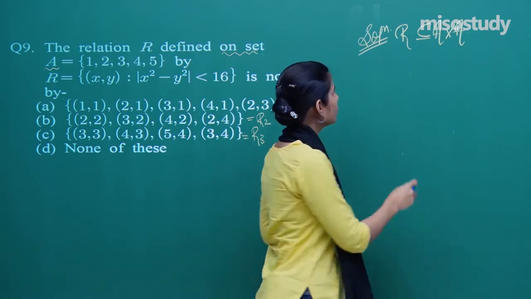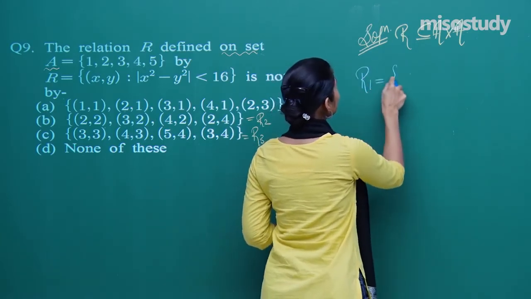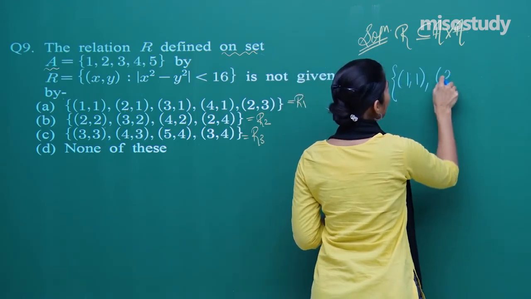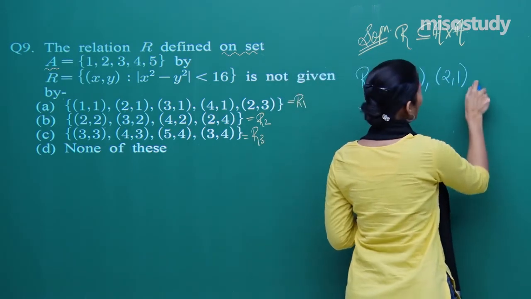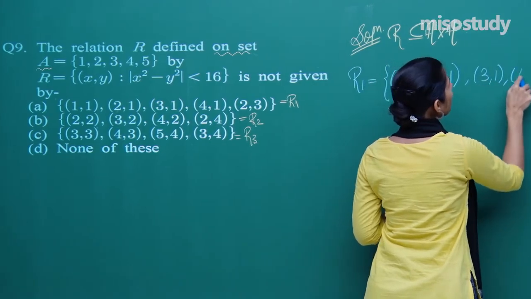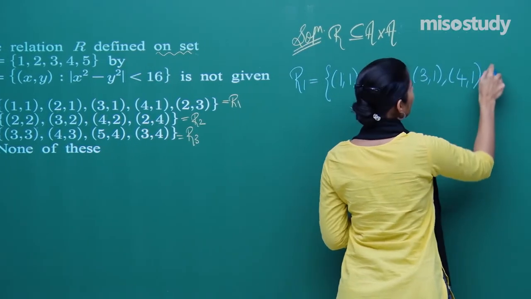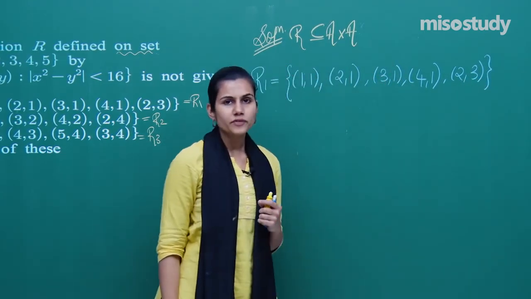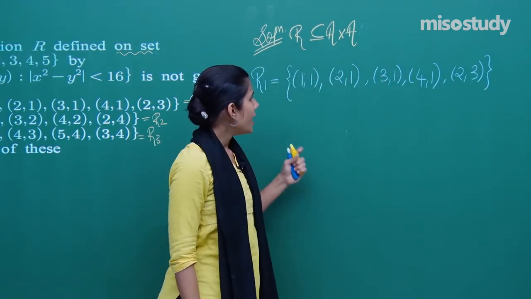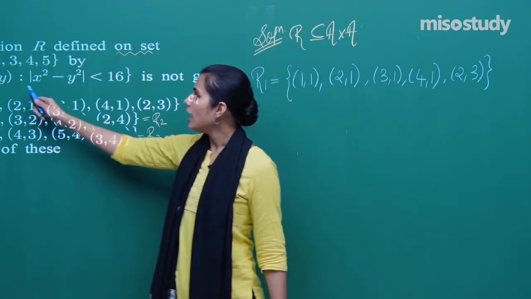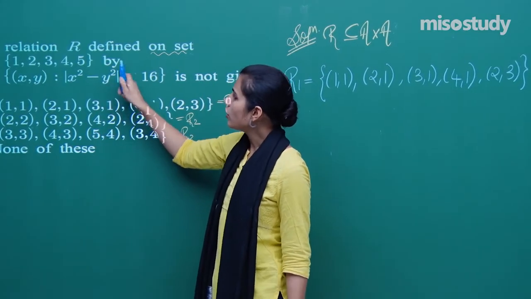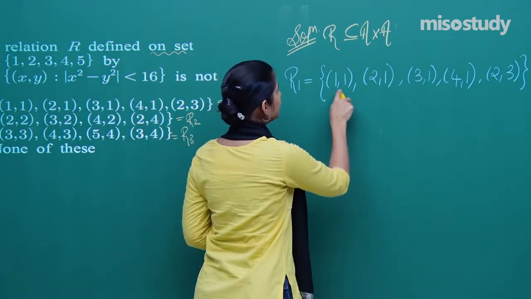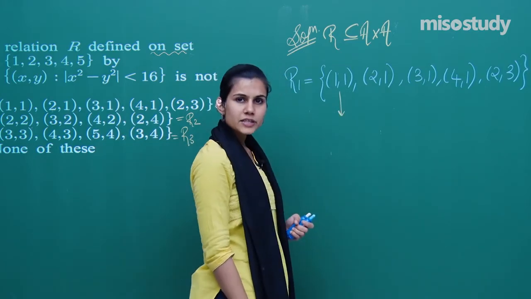So R1 given to me consists of (1,1), (2,1), (3,1), (4,1) and (2,3). Does this satisfy the rule of the relation or not? Let's see. Well, (x, y) belongs to R only when the modulus of the difference of their squares is less than 16. Consider this. Does this satisfy the rule?